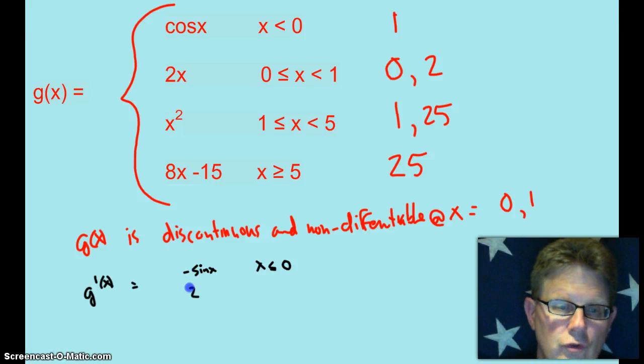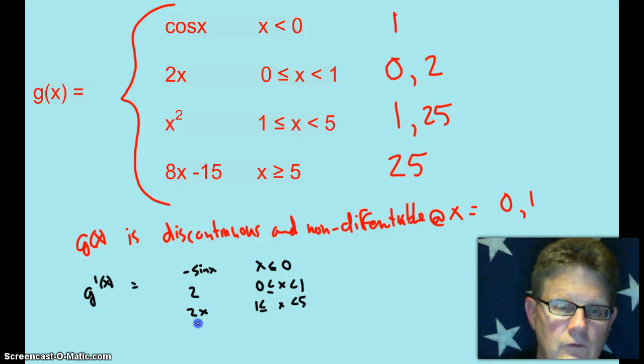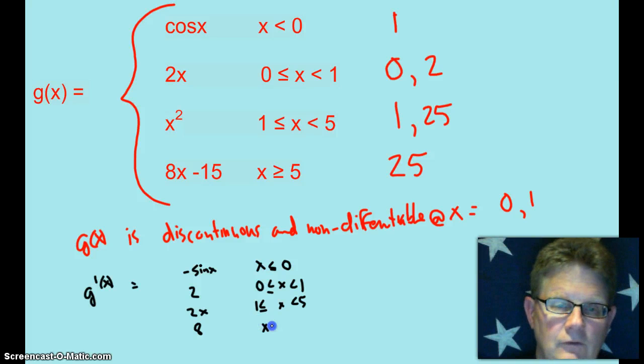It is 2 for x between 0 and 1. It is 2x for x between 1 and 5. And it is 8 where x is greater than or equal to 5.